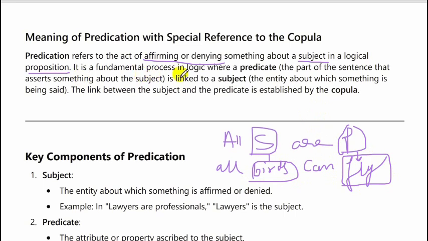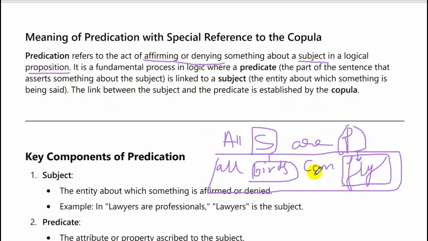It is a fundamental process in logic where a predicate, what is a predicate now? It is a part of the sentence that asserts something about the subject. So there's an assertion about flying, and it is linked to a subject.